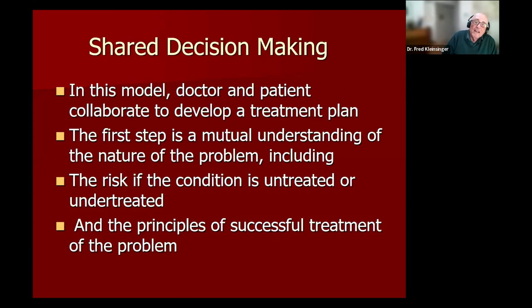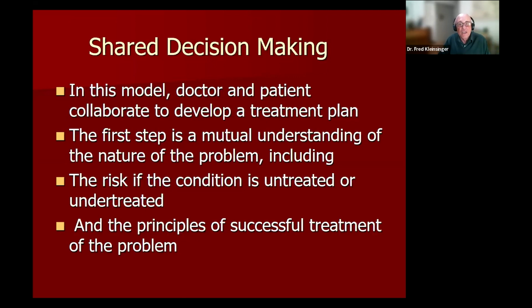When I was in my training, these words were not being used together in a sentence, but more recently they have been. In the model of shared decision making, the clinician and the patient collaborate to develop a treatment plan. And the first step is a mutual understanding of the nature of the problem, as you were saying earlier, including the risk if the condition is untreated or undertreated, and the principles of successful treatment of the problem.